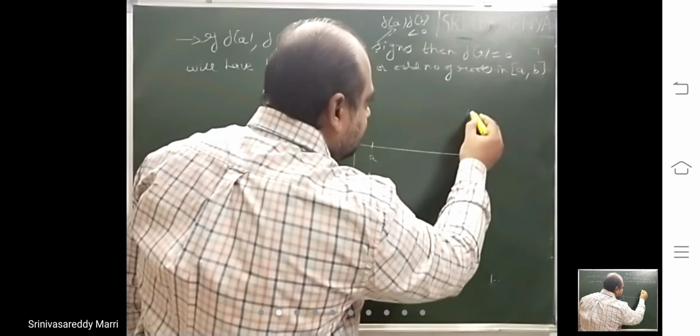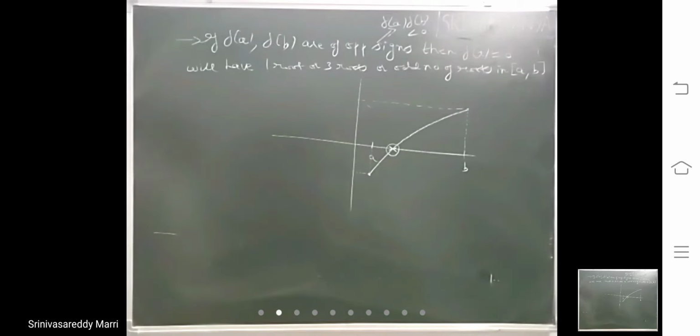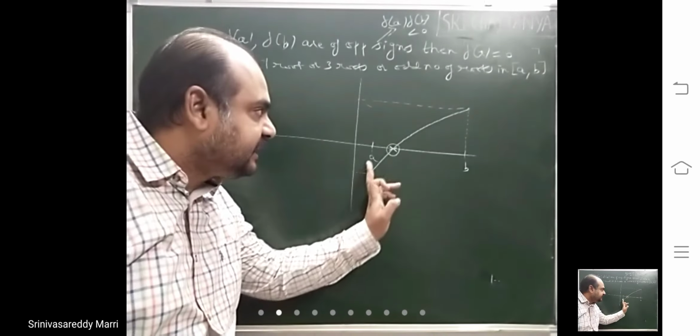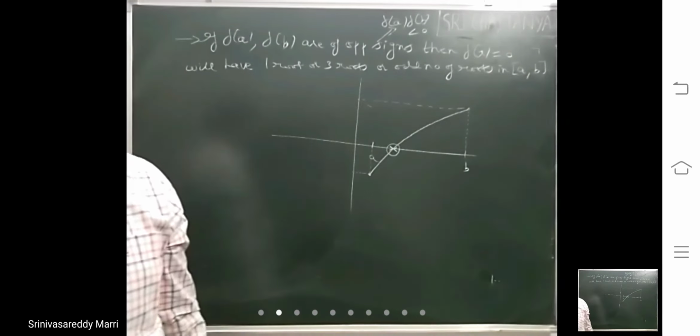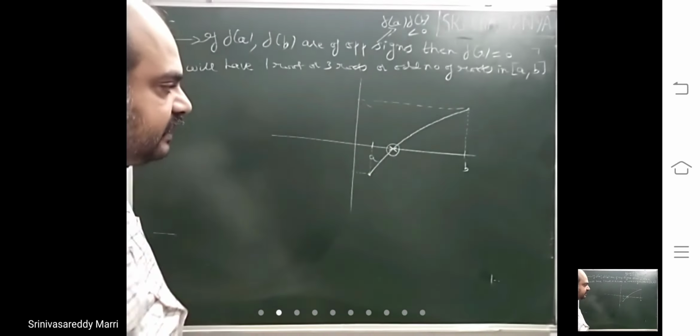Right? Now look, I have not told that it is increasing from a to b. If the graph is like this, it is increasing, let us say, then there will be one root. Whatever I am pointing out is one root. That means in a to b, if it is strictly increasing, one root will be there. That is a minimum of one root.